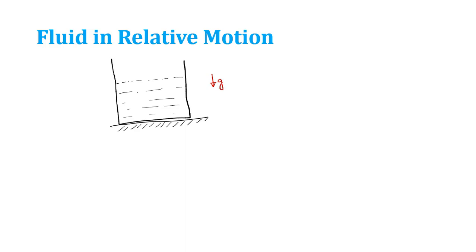g, that is downward. So because of this g, what will be the constant pressure line in this case? Tell me, it is explained earlier. So it will be perpendicular to g, right? Perpendicular to the acceleration, 90 degree to the acceleration. It will be the constant pressure line.